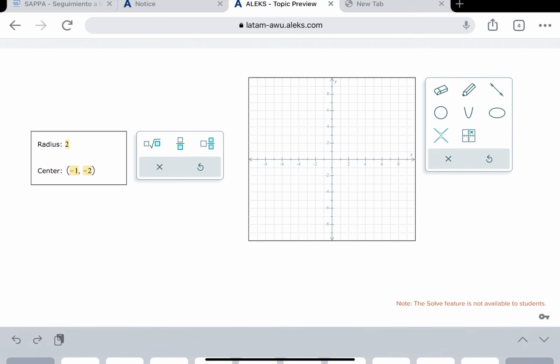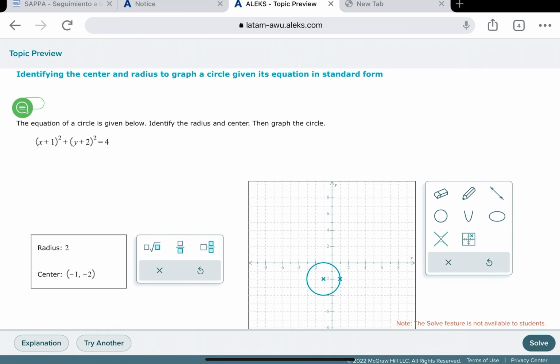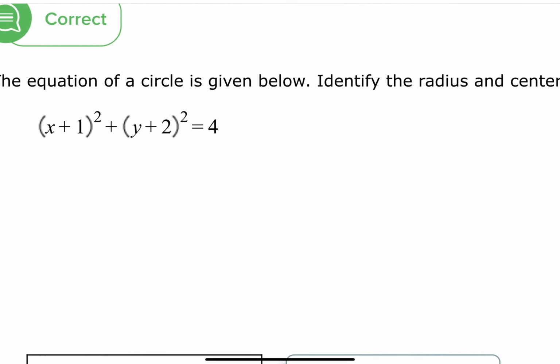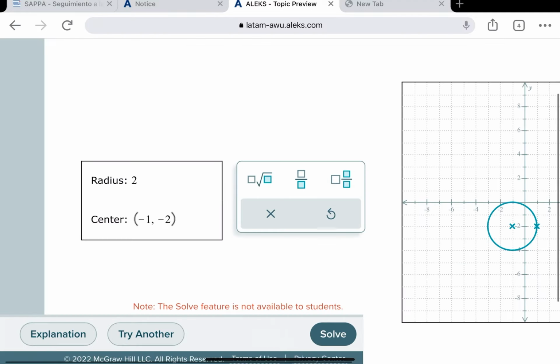Just like that. Now I can go and draw the circle. The center is at (minus 1, minus 2) and the radius is 2, so I start at the center and I count. That is 1 and that is 2. Right there. Check. All right? Be careful with the signs. Here I have a plus sign, so here in the center it has to be negative. All right?